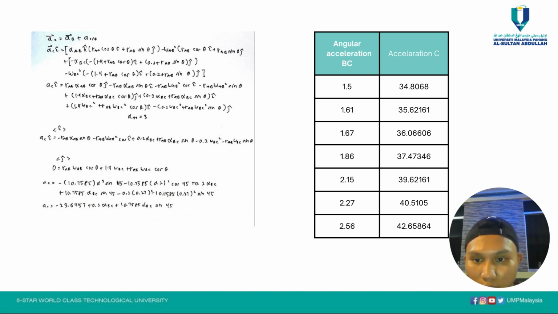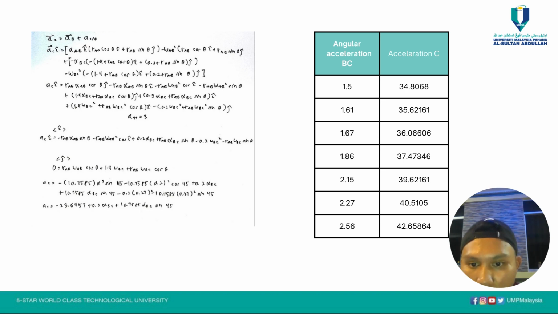And then for the J hack, 0 is equal to RAB omega AB cos theta plus 1.4 omega BC plus RAB omega BC cos theta.